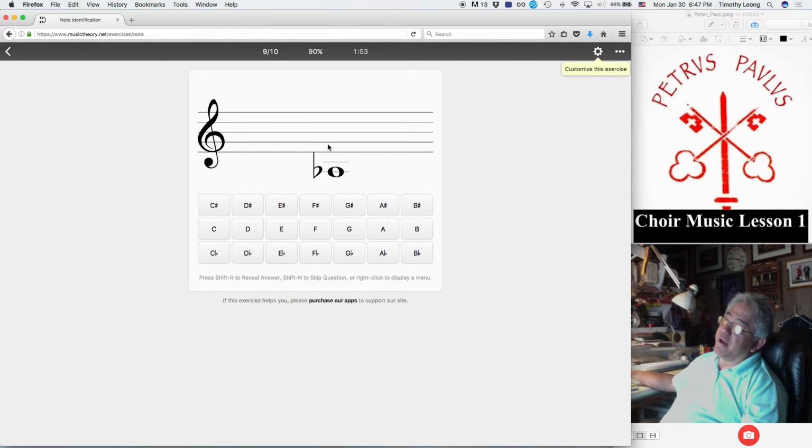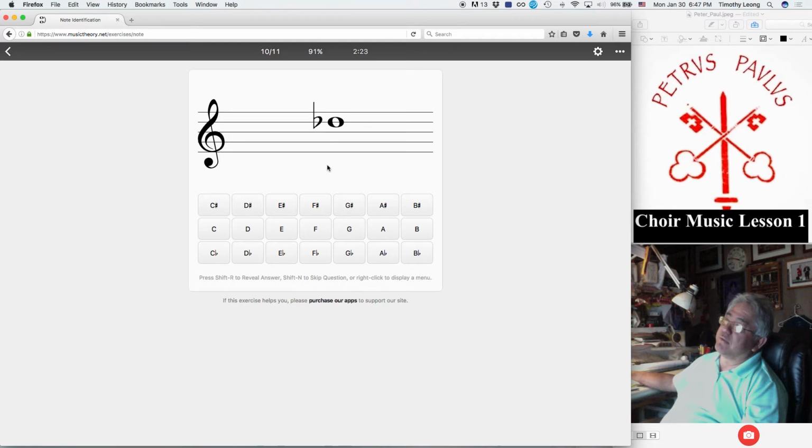G, F, E, D, C, B, A. This note sits on the line A, but it's got this sign, right? So that's an A flat. Let's find A flat and see if we're right. Is this A flat? Bingo! It's A flat.